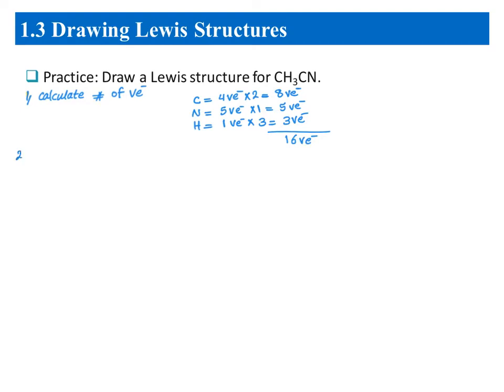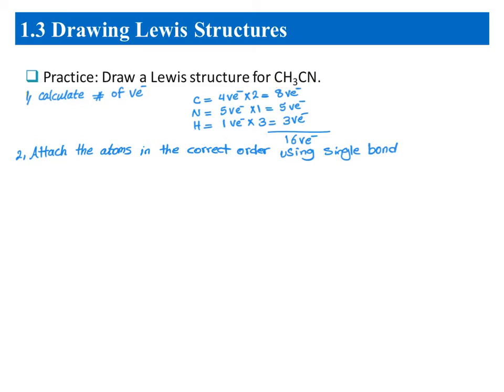Then the second step is to attach the atoms in the correct order using single bonds. And be careful not to give more than 4 bonds to each atom, and also hydrogen can only take 1 bond. So when we read through the formula that is written here, we have CH3CN.